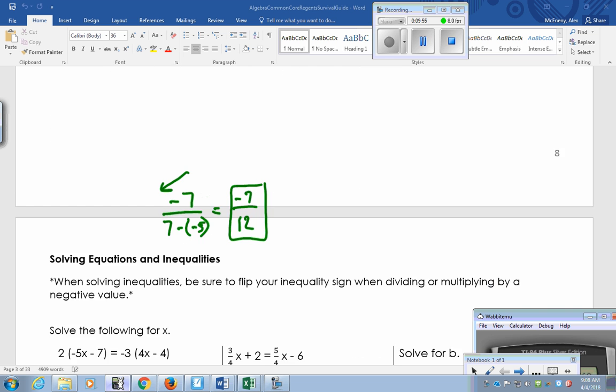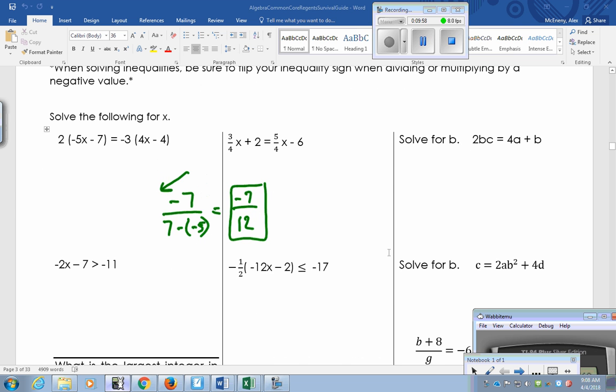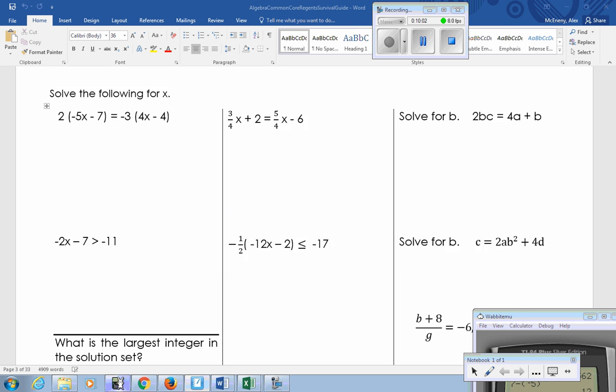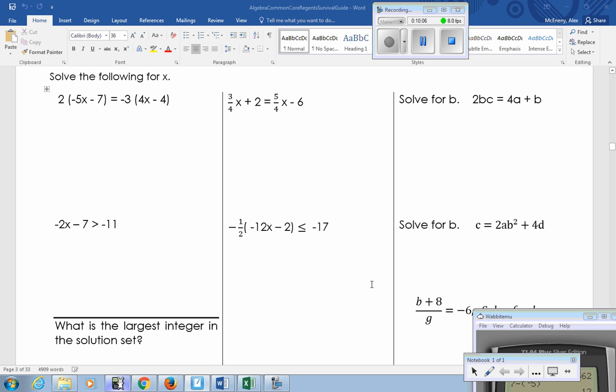And then the last part we're going to talk about, solving equations and inequalities. So I want to look at an example, the middle one in the front here, where you have the fractions. Now if you have fractions, you can get rid of those fractions by multiplying the whole equation by the denominator. So in this case, you're distributing everything. We just talked about the distributive property.